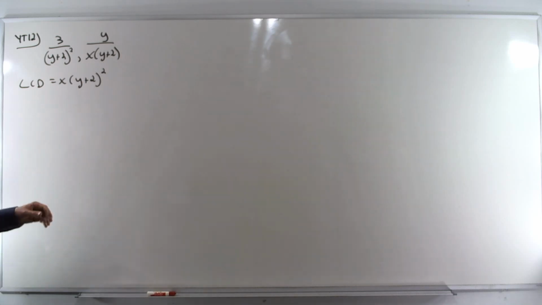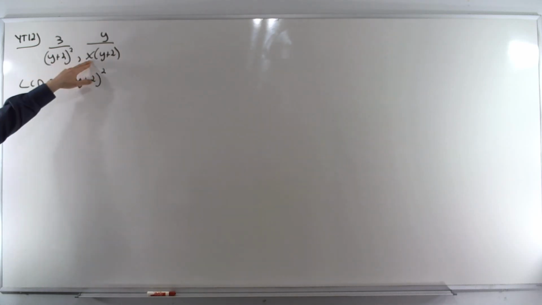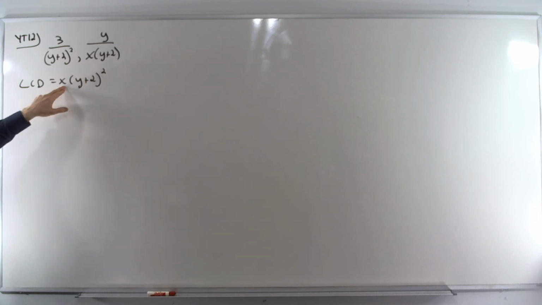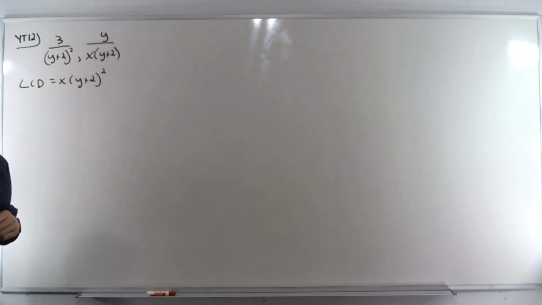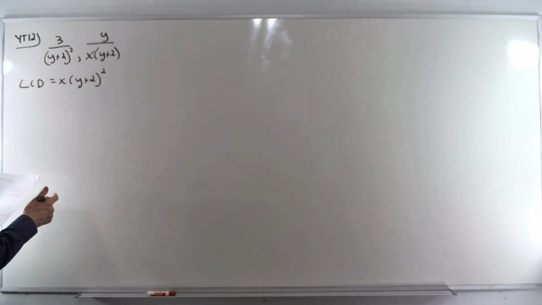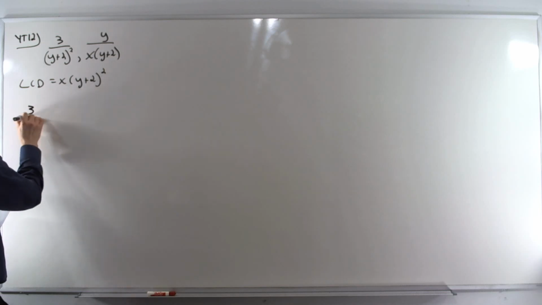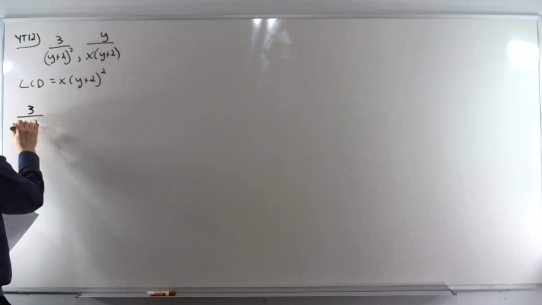So examining our two denominators, we've got a single x, a base that's going to be in the LCD, and the other base is y plus 2. The larger exponent of y plus 2 is 2, so our LCD is x times y plus 2 squared. All right, first fraction, 3 over y plus 2 squared.